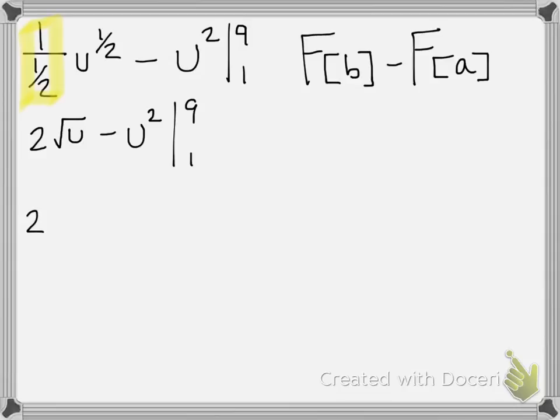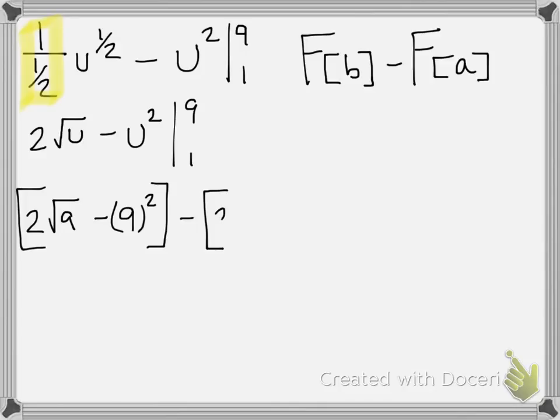So we're going to have 2 times the square root of our b, which was 9, minus our u squared, which is going to be 9 squared, minus our F of a, which is 2 square root of 1, minus 1 squared. And I'm just plugging those values in, our b and our a.